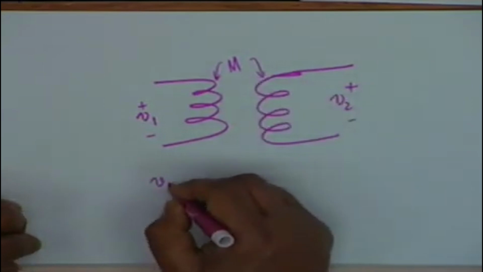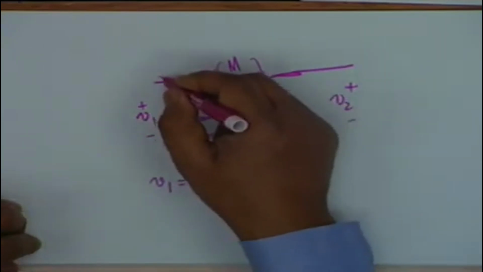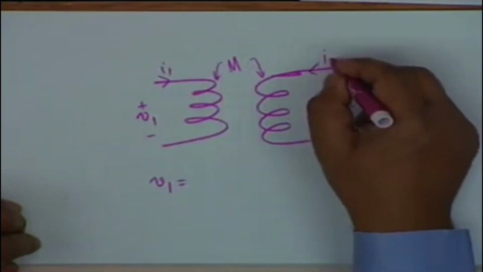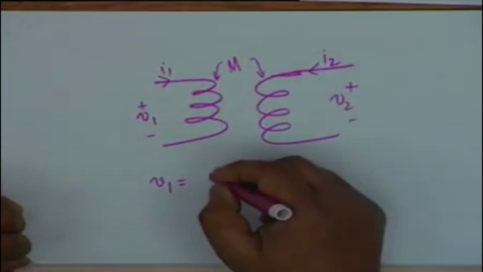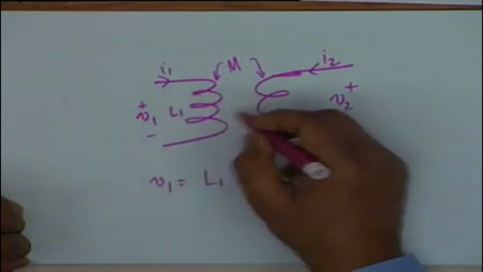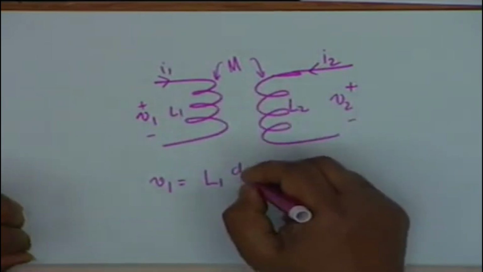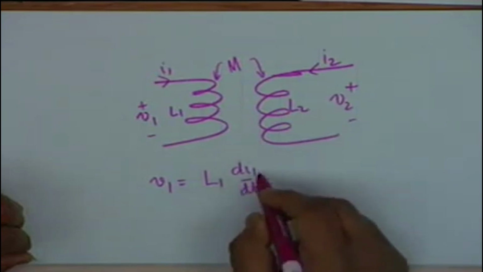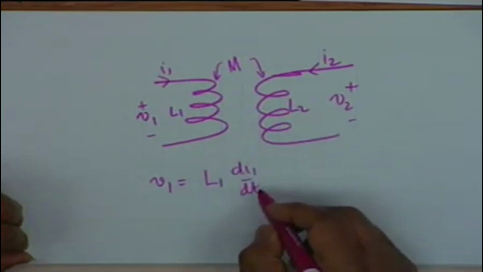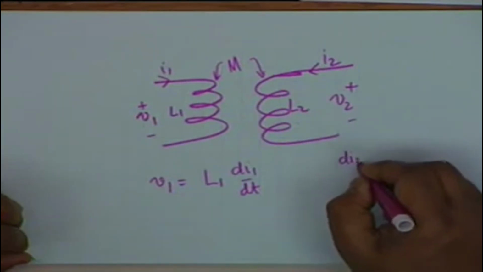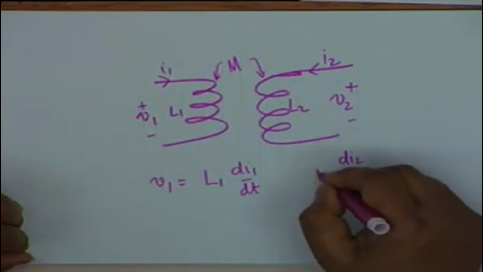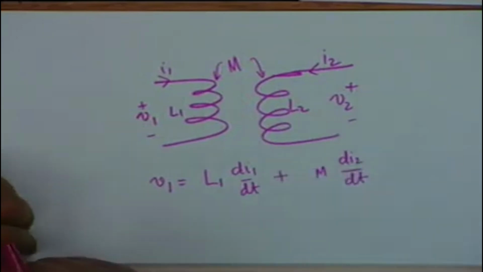For example, if this current is I1 and this current is I2, and the self inductances are L1 and L2, then V1 shall be L1 di1/dt, this is due to its own current, and the second component shall be due to di2/dt, and the coefficient is capital M, the mutual inductance.